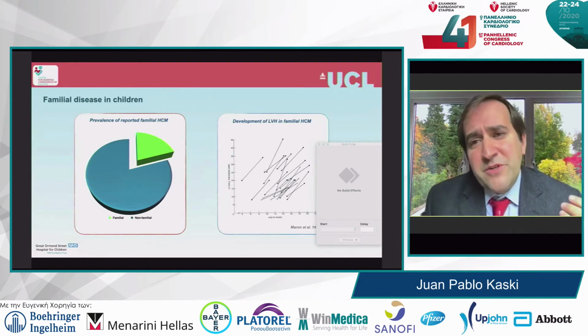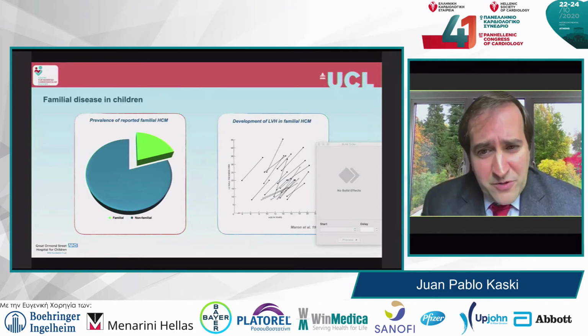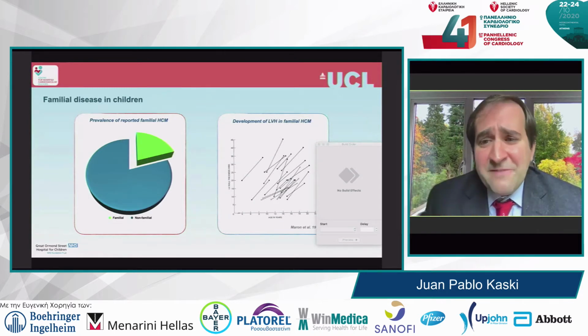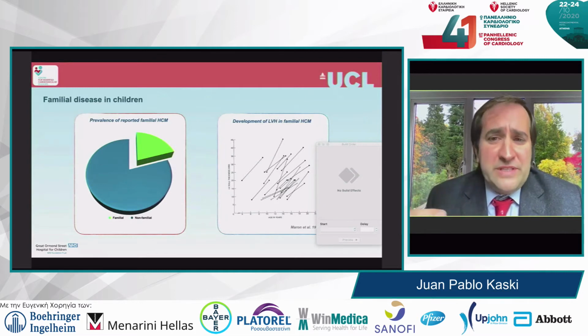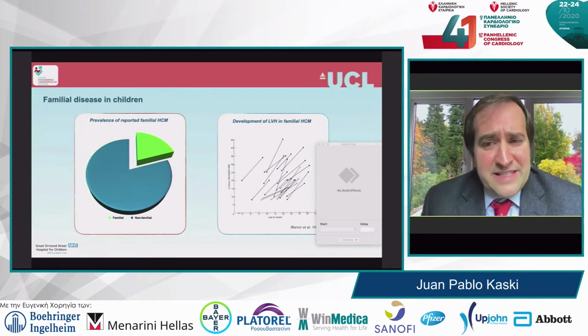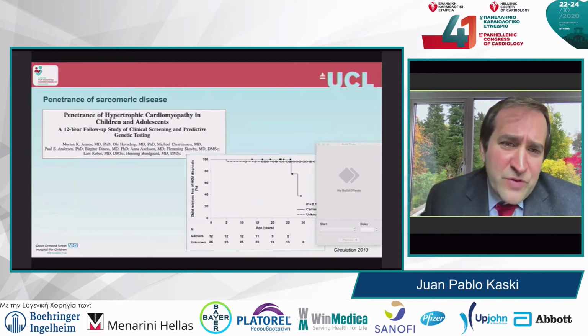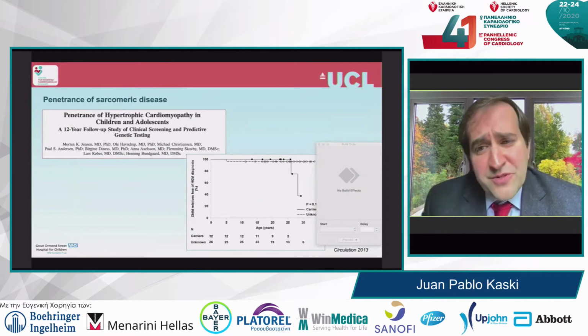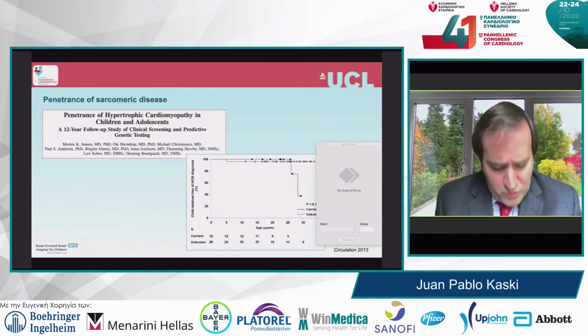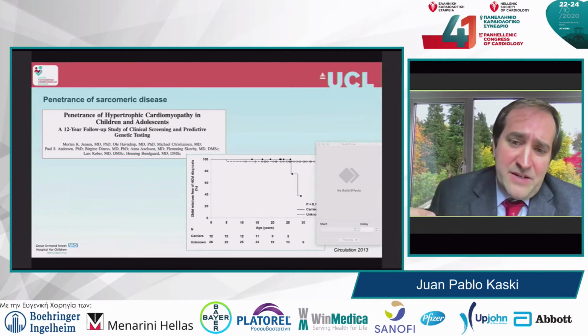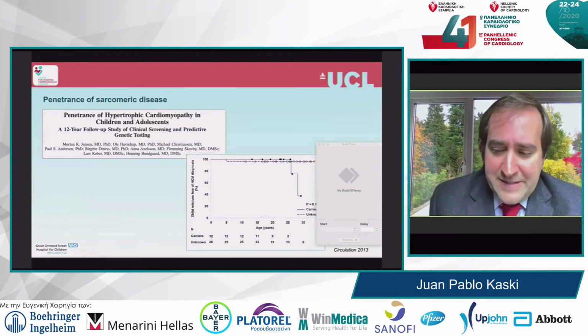But also because there are a number of studies that have suggested that in familial disease, particularly in hypertrophic cardiomyopathy, left ventricular hypertrophy is not reported to develop until the later teenage years. And more recent data looking at the potential penetrance of sarcomeric disease again has suggested that sarcomeric mutations do not present in adolescence or before adolescence.